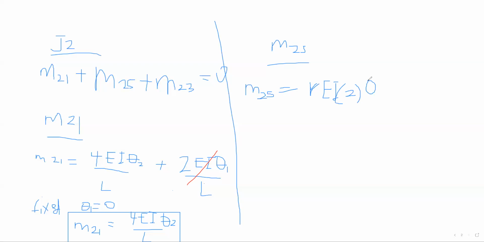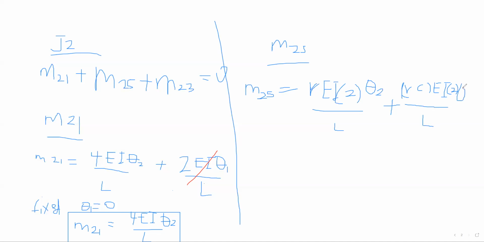Then your theta 2 comes, because that's the near end, all over L. Plus your RC, EI, mind you, the I is 2I, so you can multiply EI by 2. This is in a bracket, don't be confused, all over L.